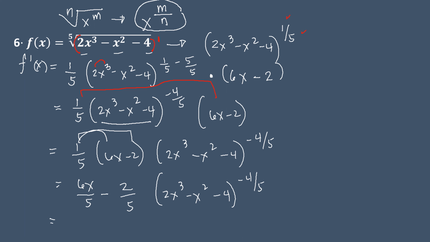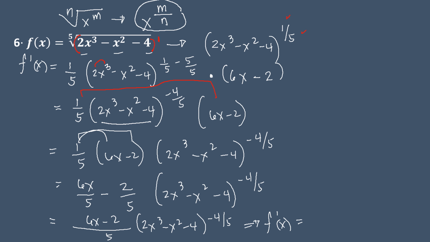Or to further simplify, they have the same denominator, so we can write 6x minus 2 over 5 times the 2x cubed minus x squared minus 4 to the negative 4/5.